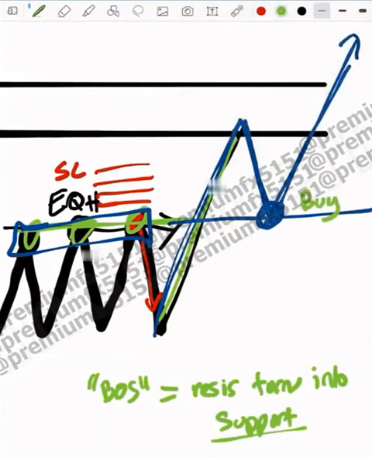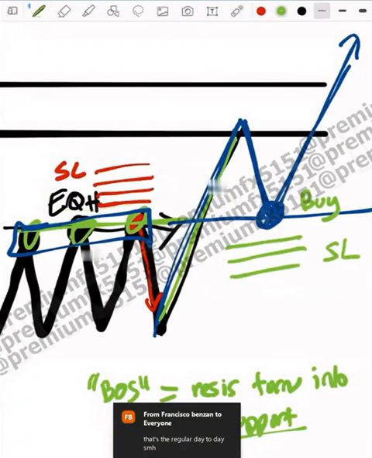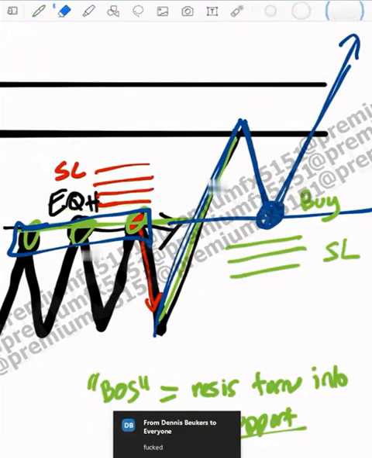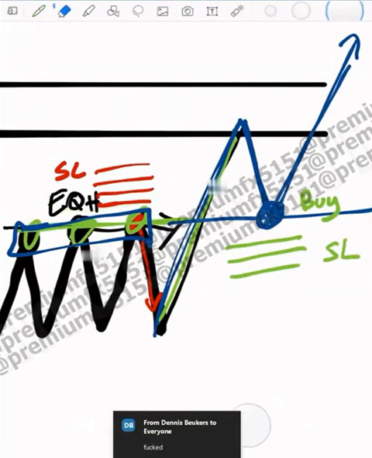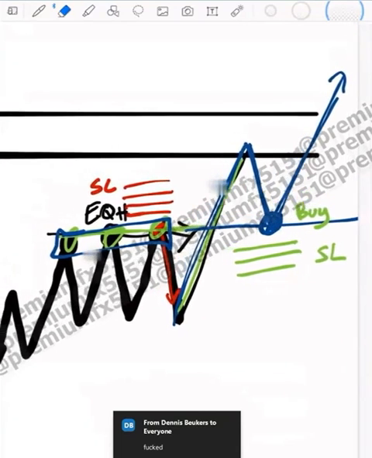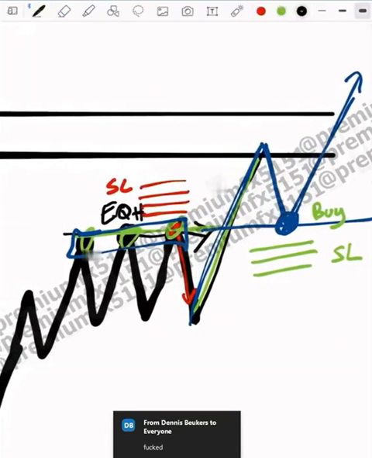Where are the buyer stop losses? Right here. The buyer stop losses are here, and the seller stop losses are over here. So we have 2 sets of stop losses. So the FU candle is this one.